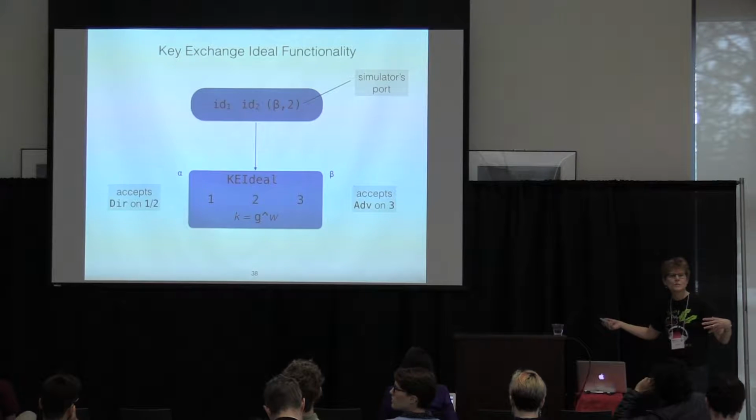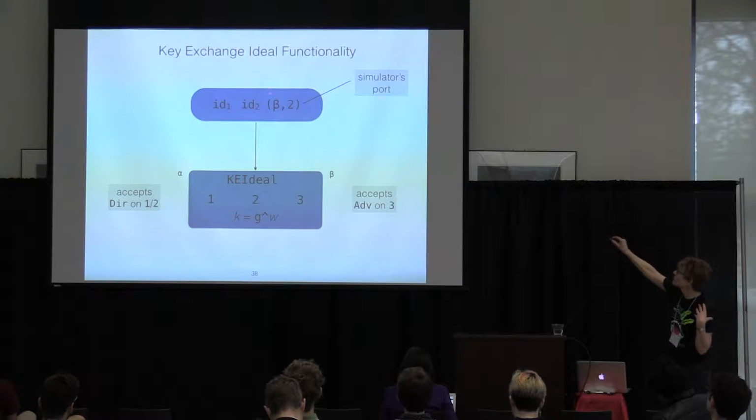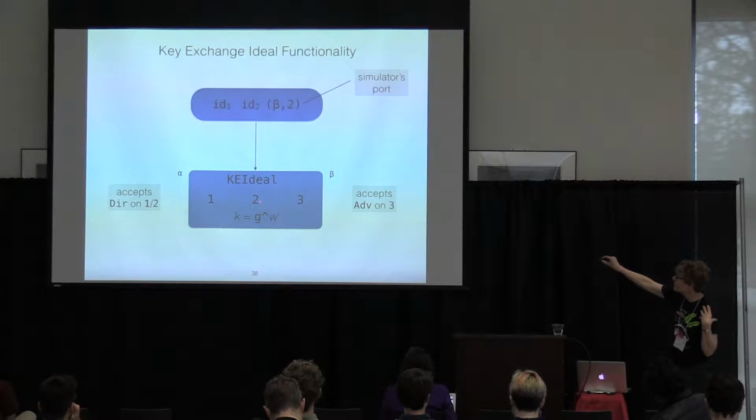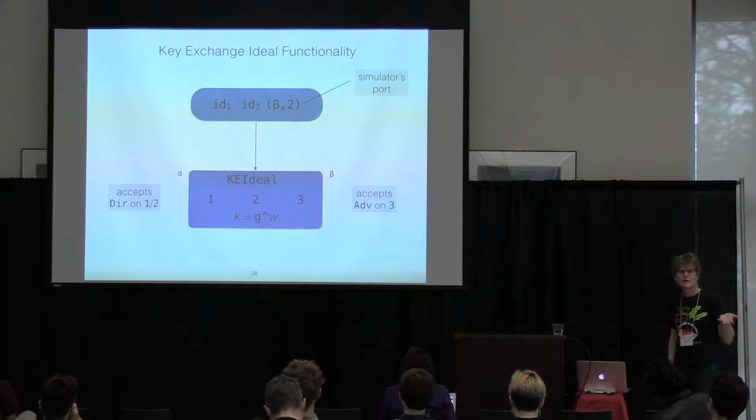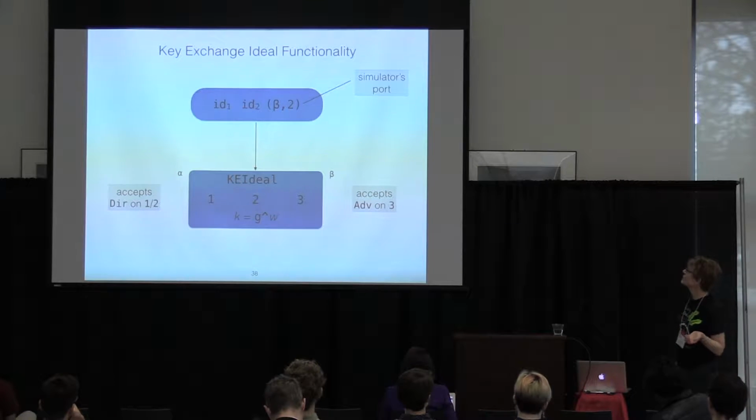ID2 is then responsible for reciprocating and bouncing back into here. We'll go back to the simulator, back to here, and then the key will finally end up back at ID1. So this programming in UC is a little bit different, in that control flows with messages, and so these two phases have to work like that.